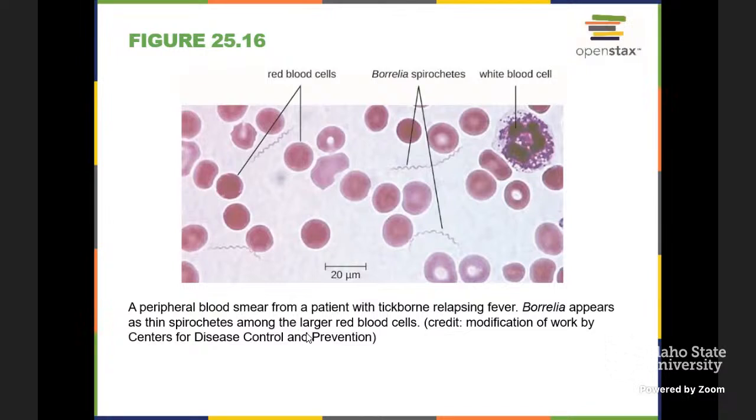So another one, relapsing fever. This is another Borrelia, and this causes a series, not the same as malaria, of fever and chill cycles, but kind of the same idea, where you get a few days of reprieve, you feel a little bit better, and then the fever comes back.